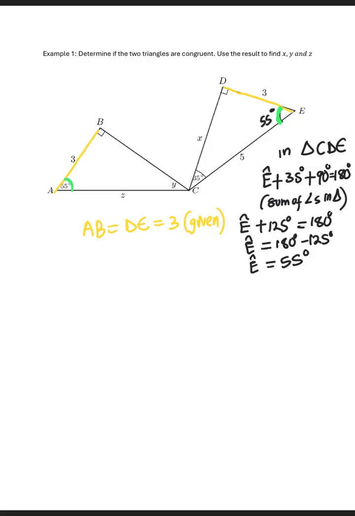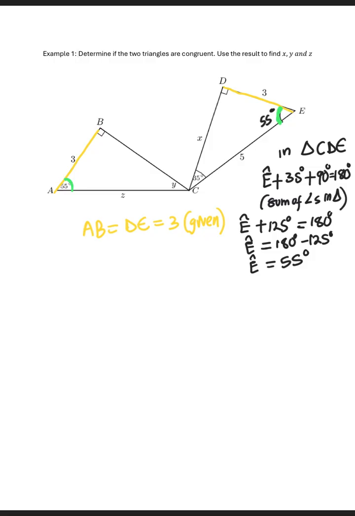So we can write angle CAB, or angle BAC.